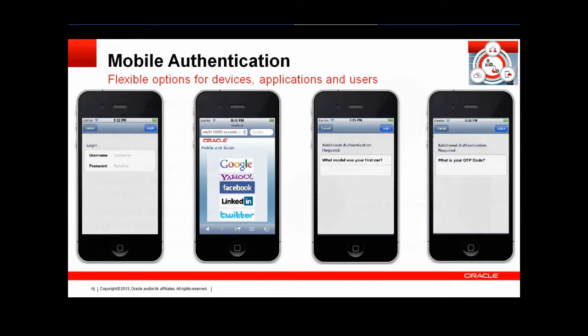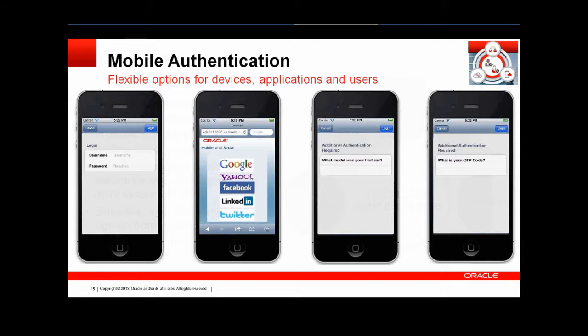Right? The last two screens are very important in an infrastructure where Oracle Adaptive Access Manager is involved. It's very easy for you to hook up Adaptive Access Manager with this mobile and social infrastructure, right? So in that case, it's going to run the risk analysis as you're doing authentication, and it can ask you for additional challenge questions.